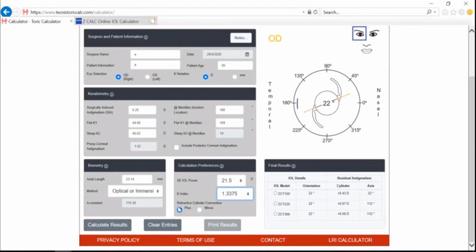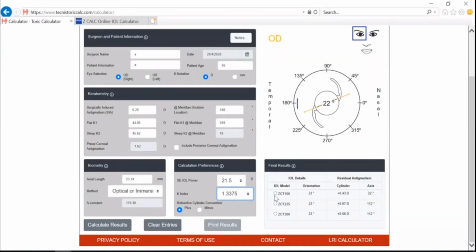In this case, I chose plus cylinder, so it shows me the results in plus cylinder format. As you can tell, the correction of the astigmatism using ZCT 150 or ZCT 225 gave you the closest results to what you want to achieve.